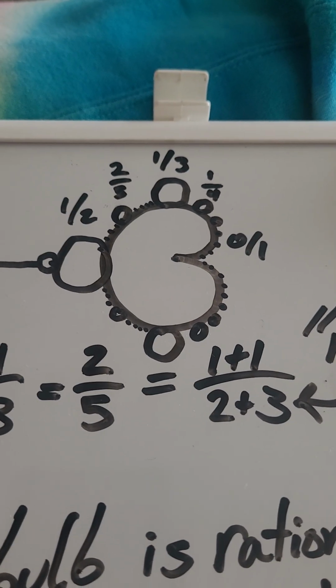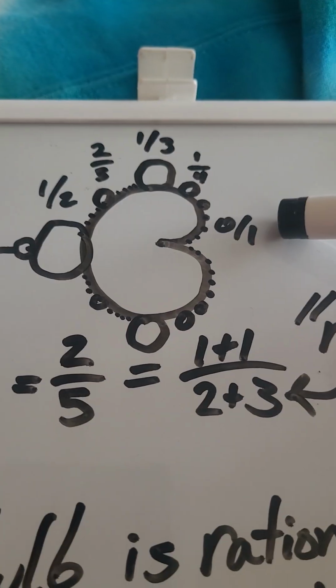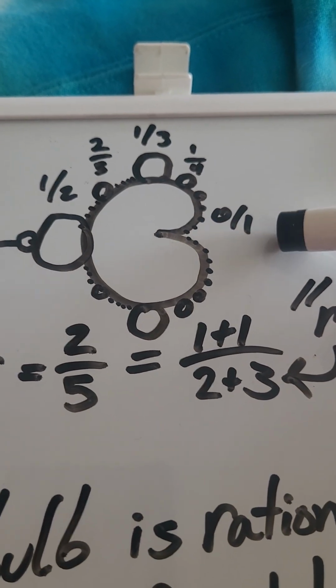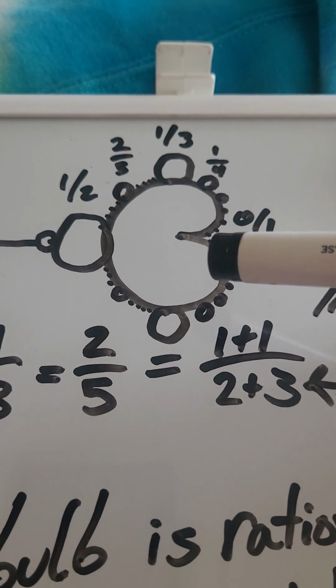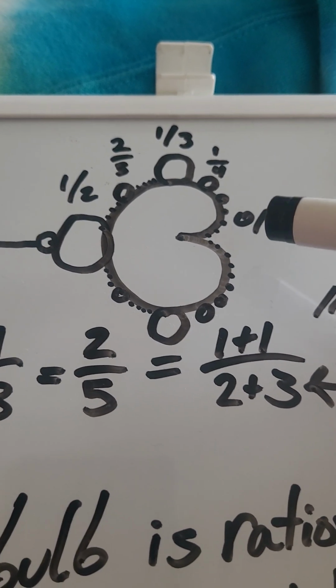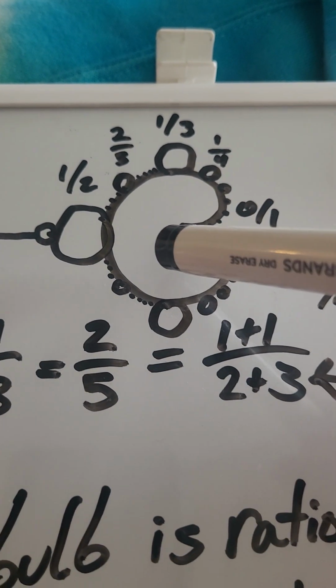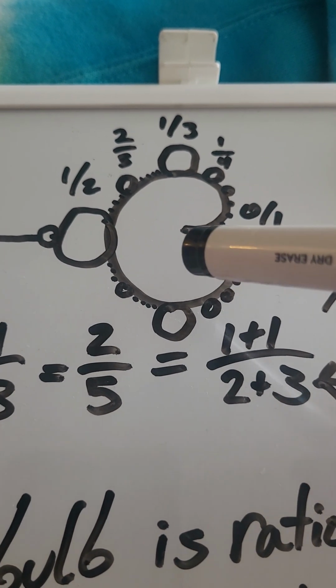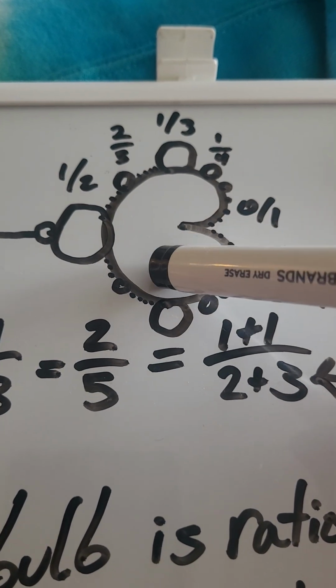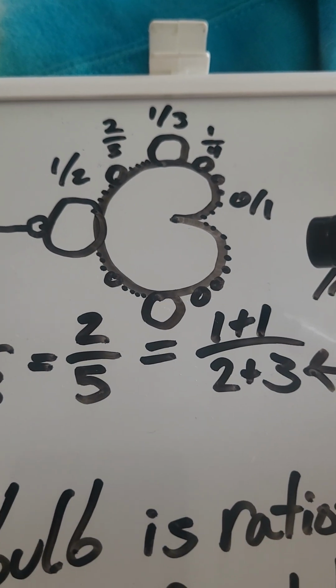So what you can do is choose an irrational number between 0 and 1, and use mediants to converge upon that irrational number.